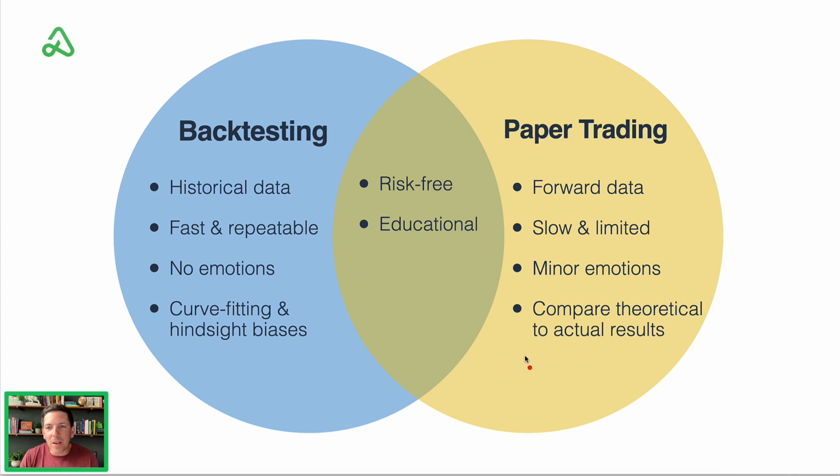I think one of the biggest valuable things that you do have for paper trading, and this is helpful depending on how you actually set up your paper trading. It can be detrimental if you don't set up paper trading the right way and you use paper trading completely wrong, which is very easy to do. But if you do use paper trading the right way, you can compare theoretical to actual results. So the value in doing that is you have some data.